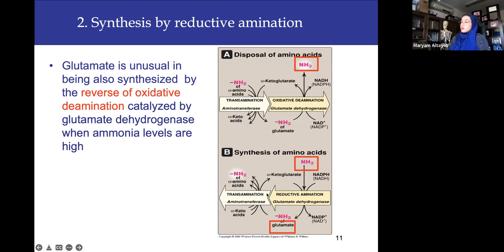And synthesis, which is what we're talking about now, is reductive amination. So you're taking it and putting the amine group here. That's going to convert alpha ketoglutarate, by different processes, into glutamate. So you see how it's a reversal. Glutamate can turn into alpha ketoglutarate by transamination, and then alpha ketoglutarate can turn back into glutamate by reductive amination, by glutamate dehydrogenase. So this is just a specific example.